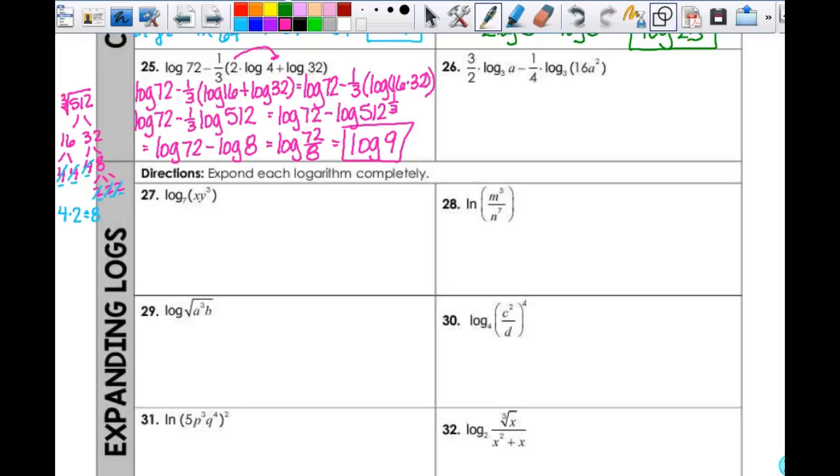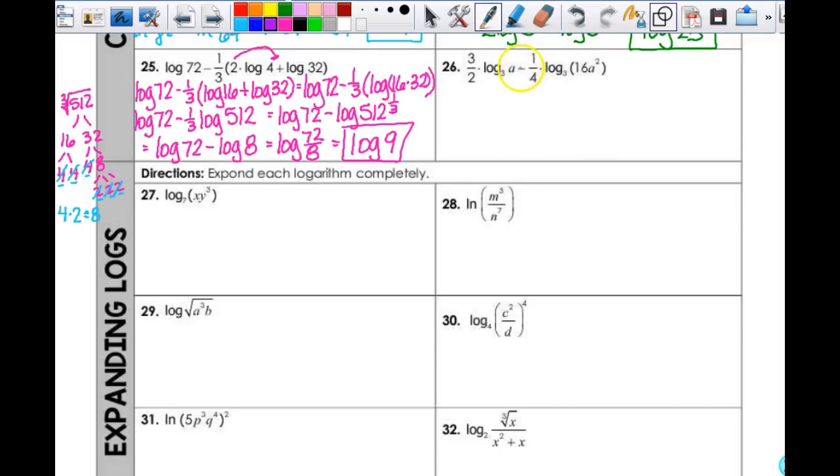All right, I got interrupted, so I don't know what the last thing I said was, but let's move on here. So I've got 3/2 times log base 3 of a, so this is going to become an exponent up here, and then minus, and then this 1/4 is going to become an exponent to this right here. Now I've got two options here. I can leave this as minuses, which is what I'm going to do.